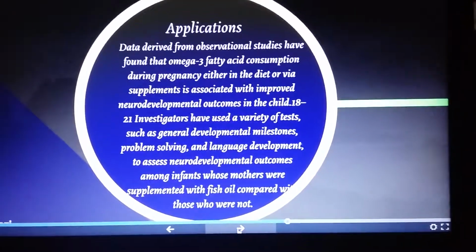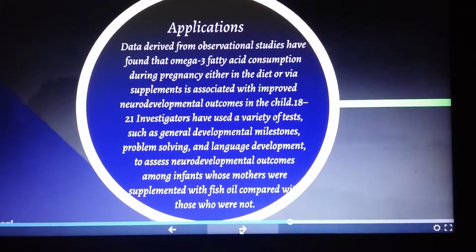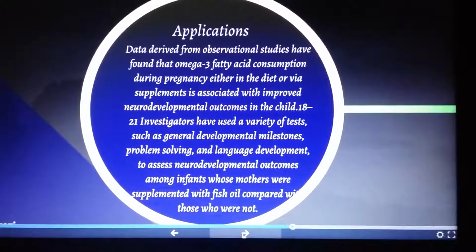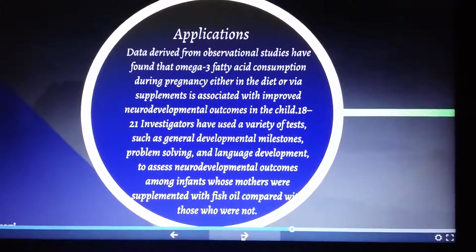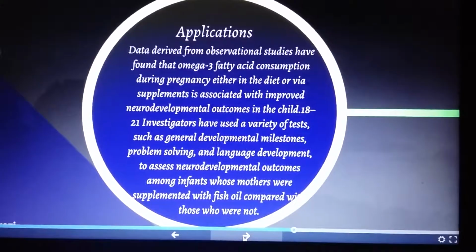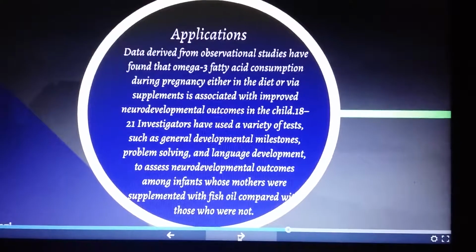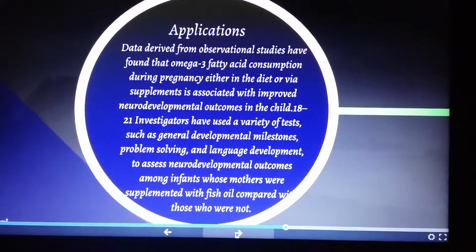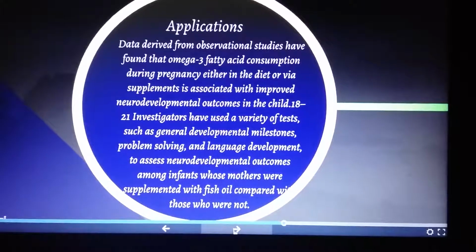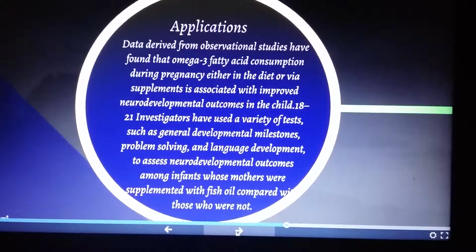Application. Data derived from observational studies have found that omega-3 fatty acid consumption during pregnancy, either in the diet or via supplements, is associated with improved neurodevelopmental outcomes in the child.